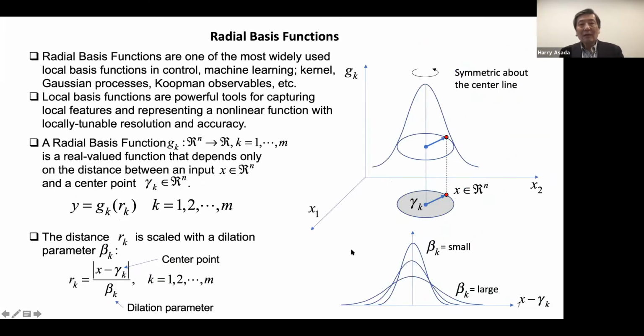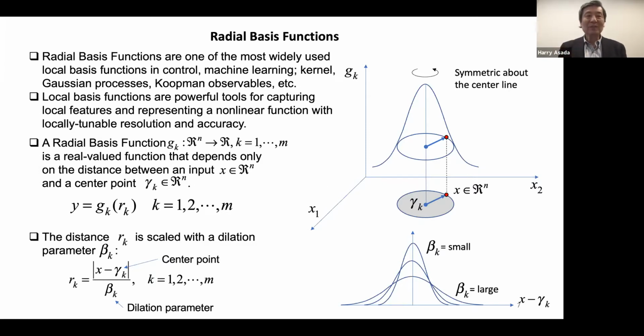Radial basis functions are one of the most widely used local basis functions in control and machine learning. In part 4 of this course, you will see radial basis functions repeatedly: kernel functions, Gaussian processes, Koopman observables.